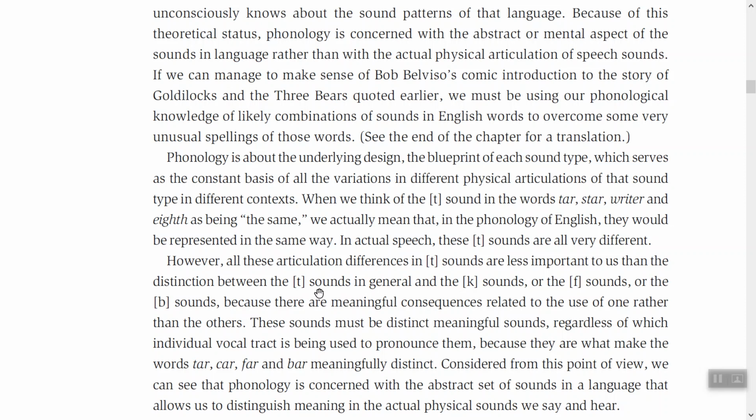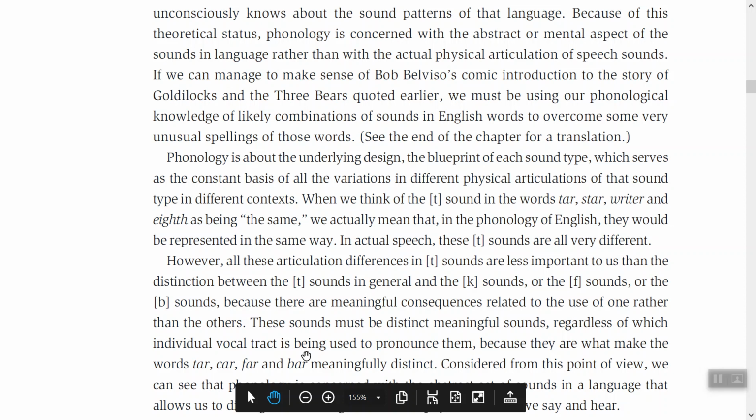Okay, so for example, if we come to the sounds t and k, or f sound, p sounds, they are important here, the distinction between them. Why? Because there are meaningful consequences related to the use of one rather than the others. These sounds must be distinct, meaningful sounds, regardless of which individual vocal tract is being used to pronounce them, because they are what make the words tar, car, far, and bar meaningfully distinct.